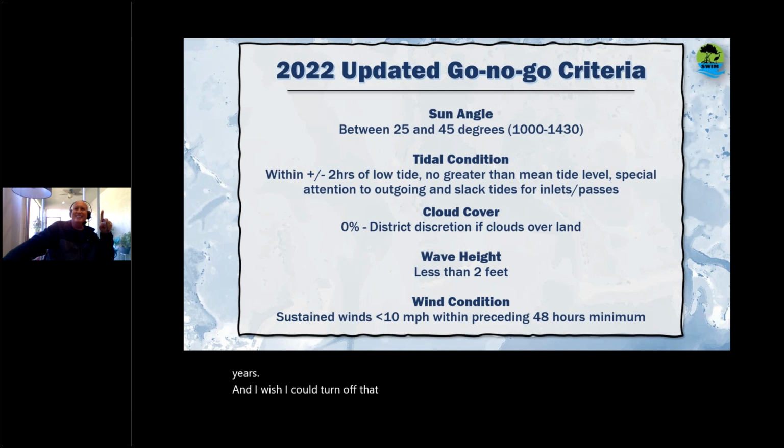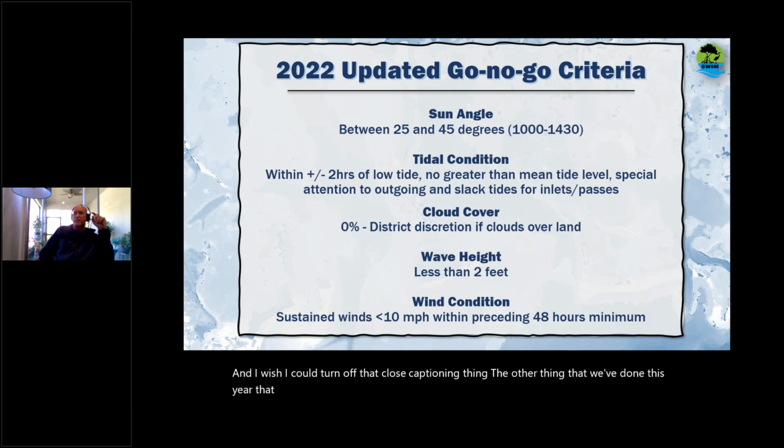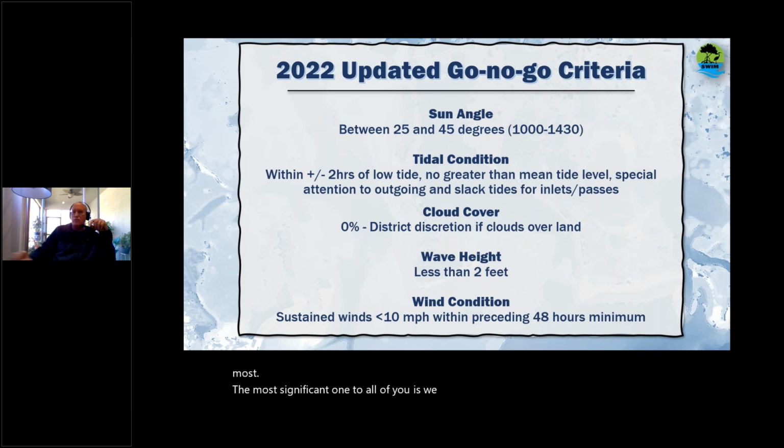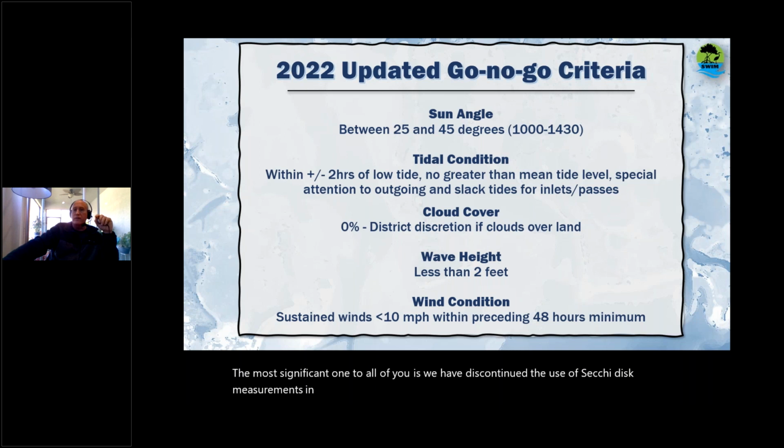Oh well. The other thing that we're changing this year is that we've updated some of our go/no-go criteria. Probably the most significant one to all of you is we have discontinued the use of Secchi disc measurements in our go/no-go criteria. So we no longer are going to go out and collect Secchi disc.